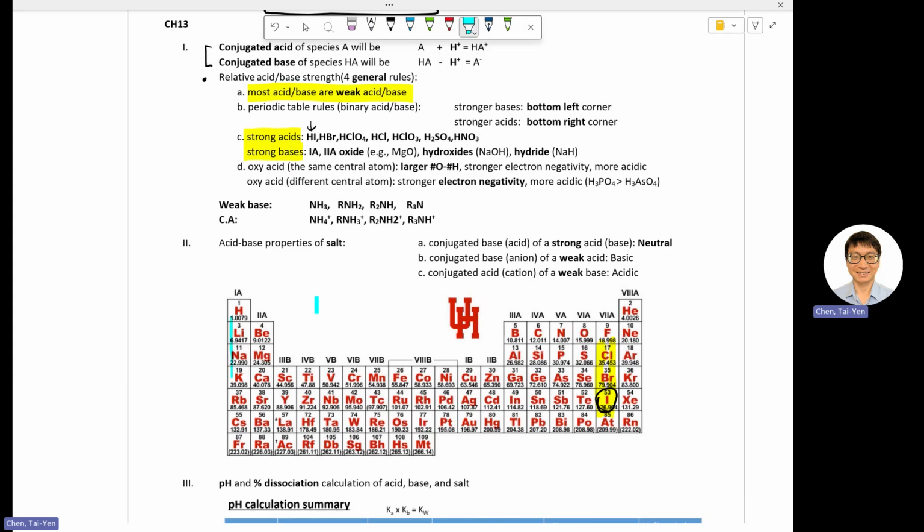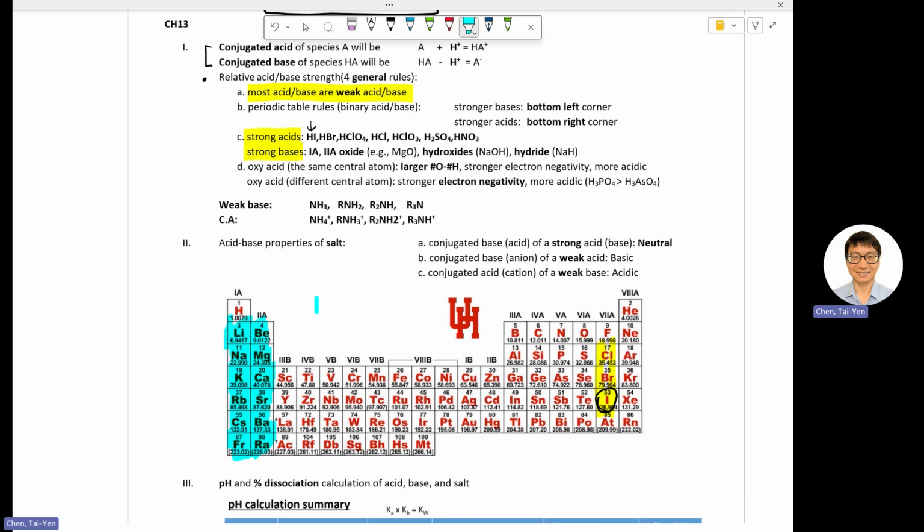If it is these 2 columns, which we call 1A or 2A elements, if you have oxide, hydroxide, or hydride in combination with those 2, the elements I highlighted in the first 1A and 2A elements, they are strong bases. So that's all the things you need to know about strong acids and strong bases.